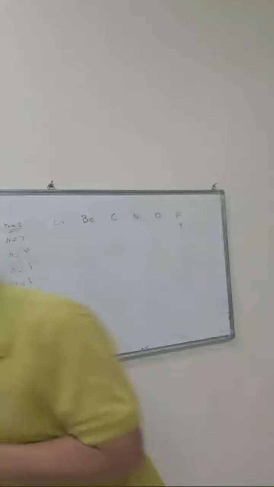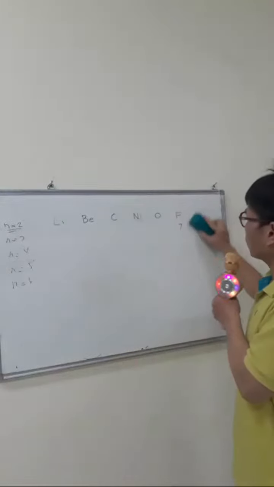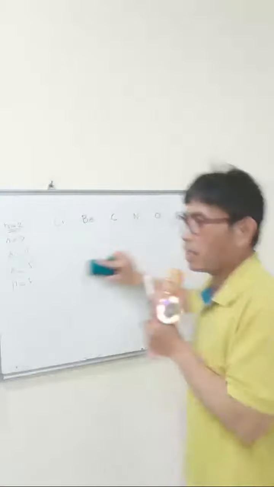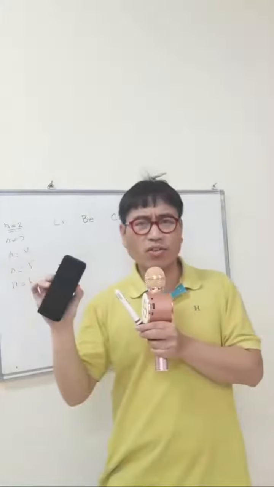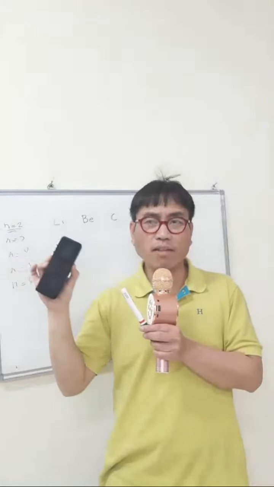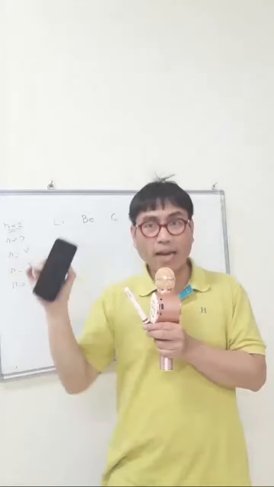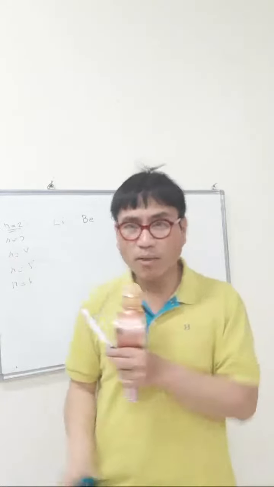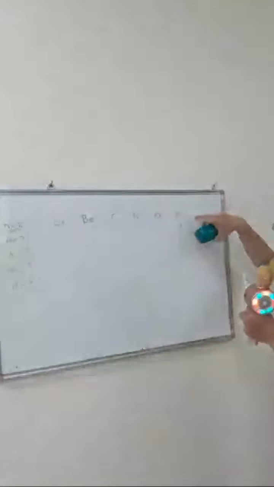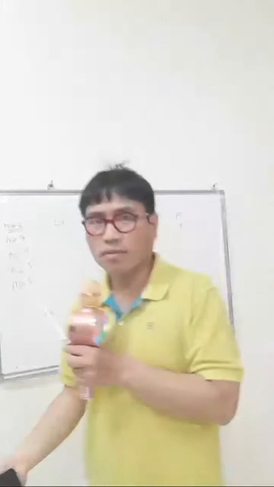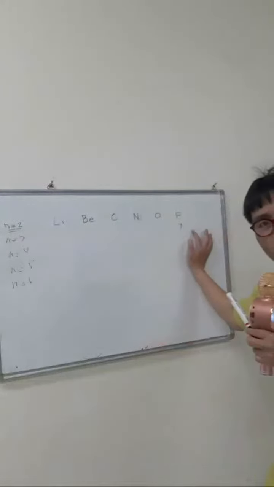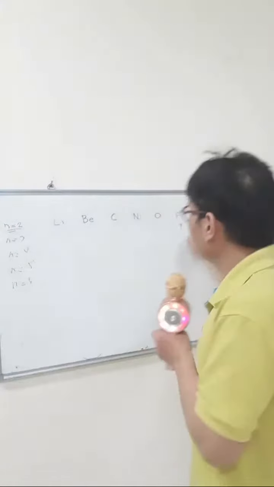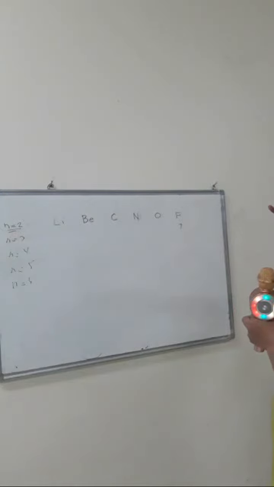So be careful with the terminology. Valence electrons in the outer shell are not the same as the total number of electrons in energy level 2. Because we have 9 for fluorine, but now it's 7, because this refers to valence electrons, not the atomic number.